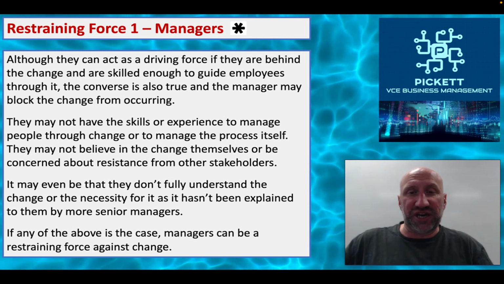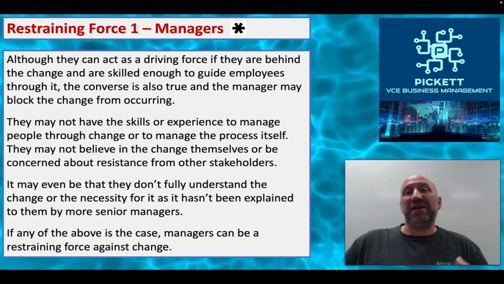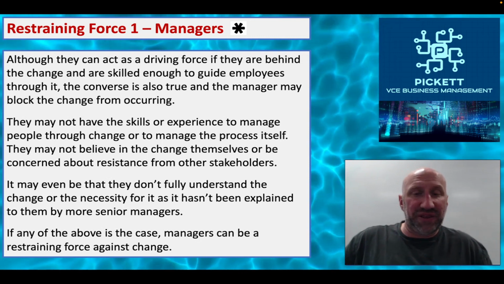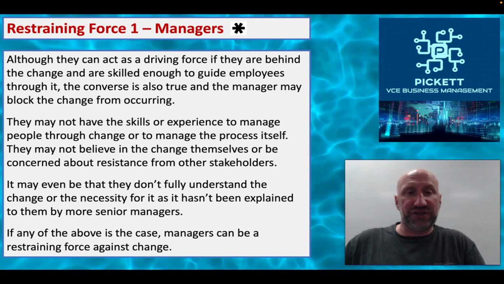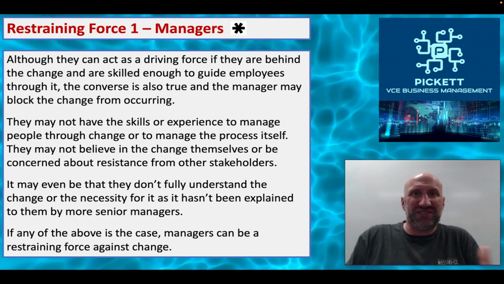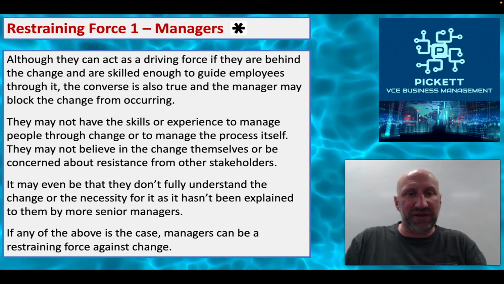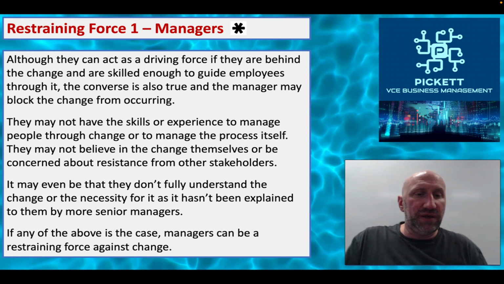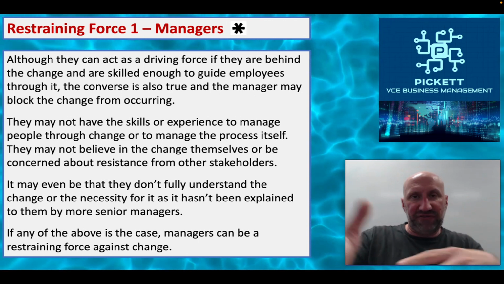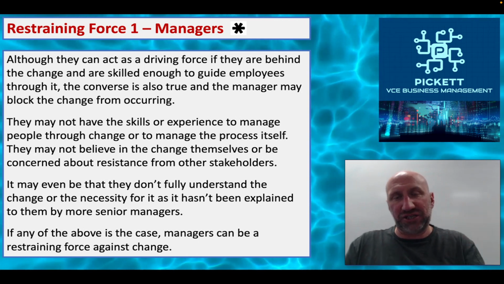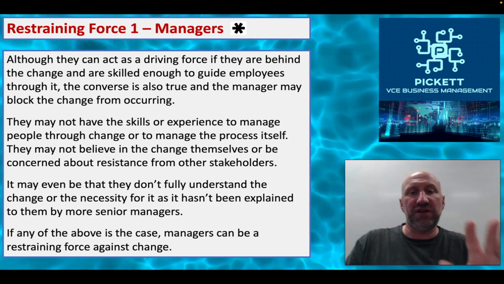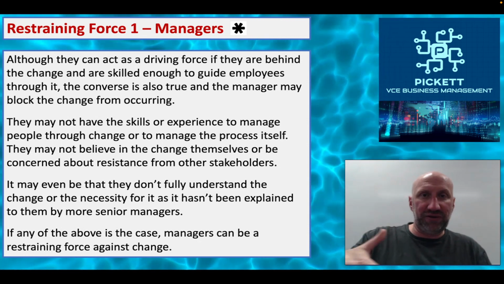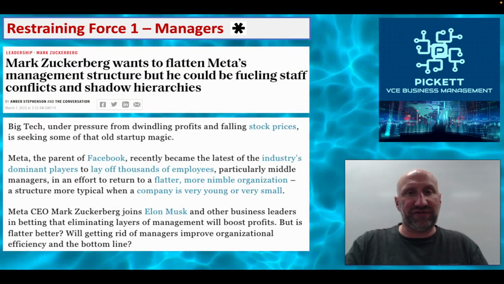They may not believe in the change themselves, or they may be concerned about resistance from other stakeholders. It might even be that they don't fully understand the change or the reasons for it themselves, because it hasn't been explained to them properly by more senior managers. The reality is, if any of those things are the case, managers can act as a restraining force against change rather than what you want, which is the driving force.